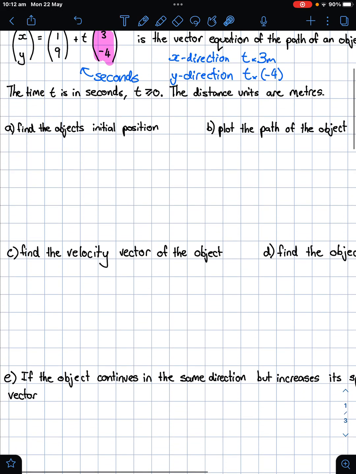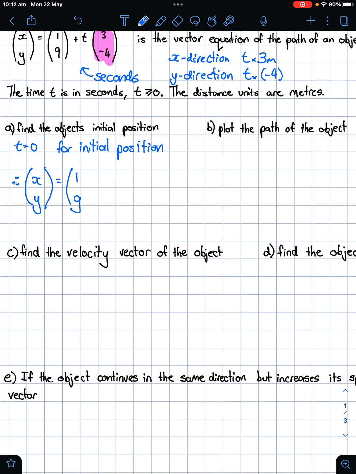But let's start doing this question. Find the object's initial position. Just like in a lot of our topics, initial position means t equals 0. So therefore, x and y will equal (1, 9).